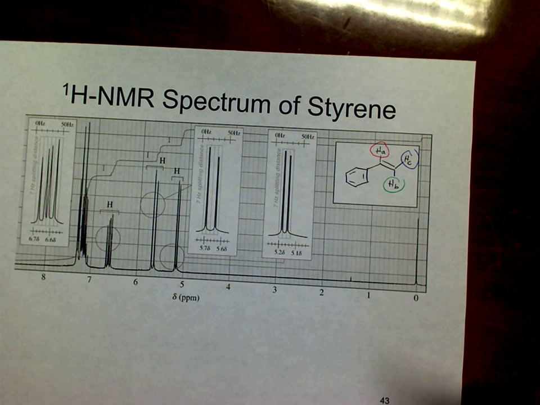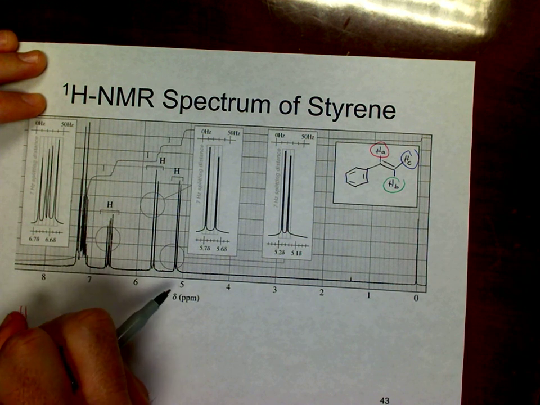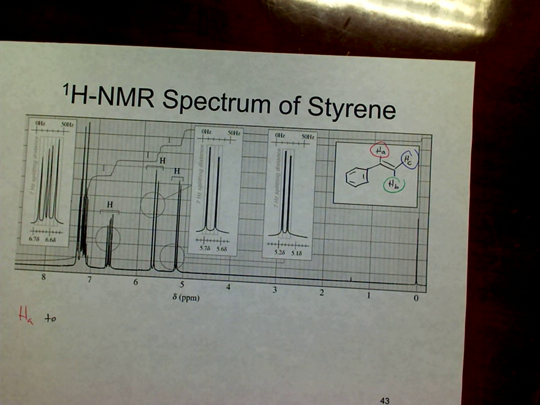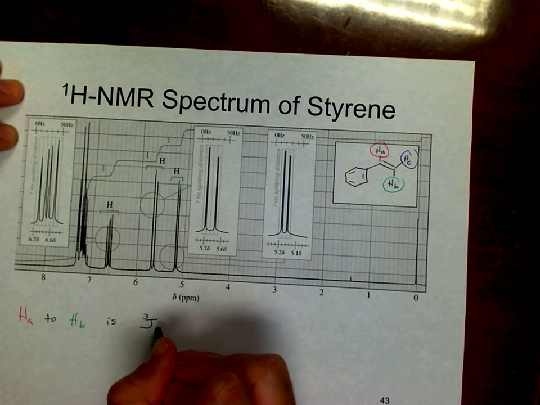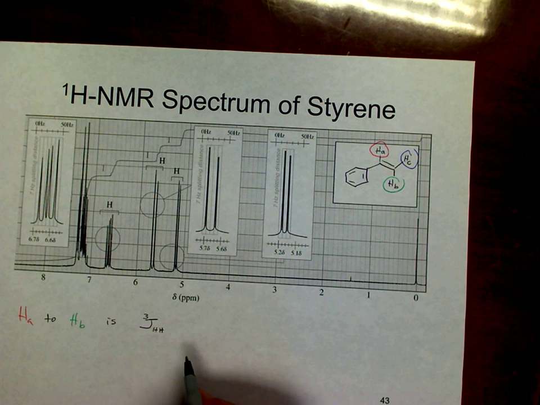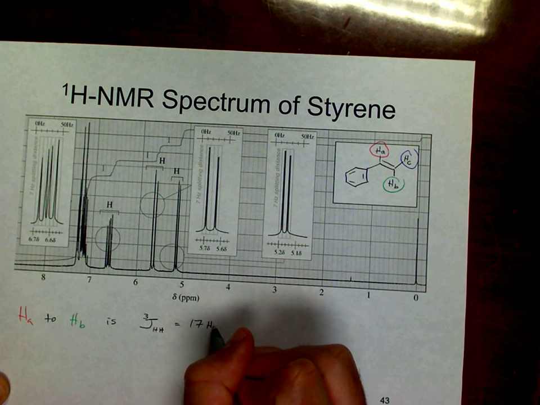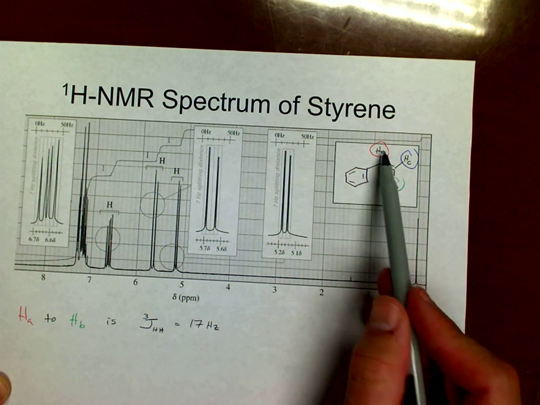Okay, so let's do HA. Oh, this is going to get annoying with these colors. HA to HB, the coupling for this is 17 hertz. Okay, 17 hertz. So we have HA to HB.